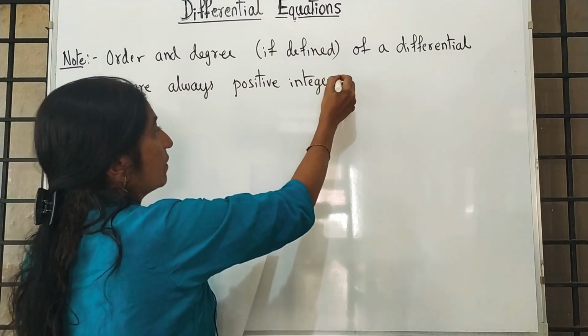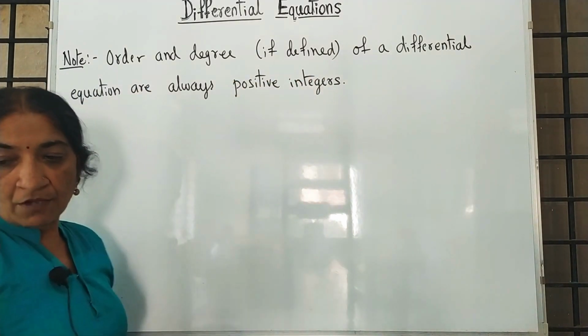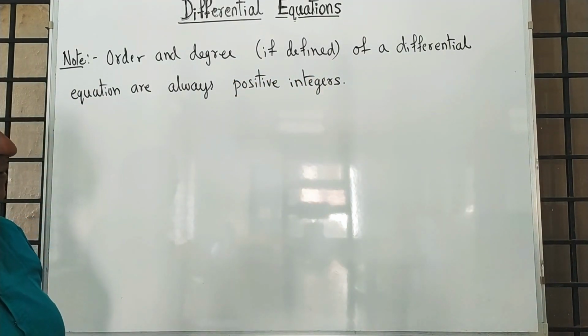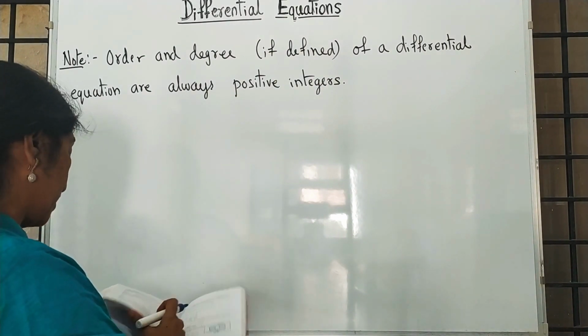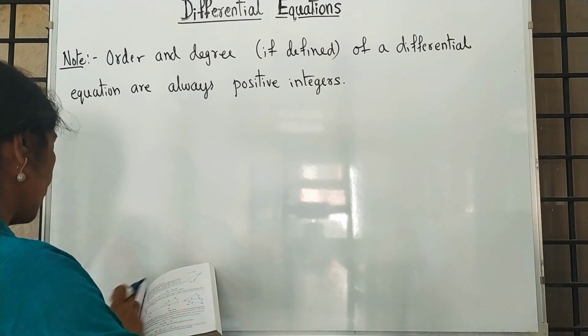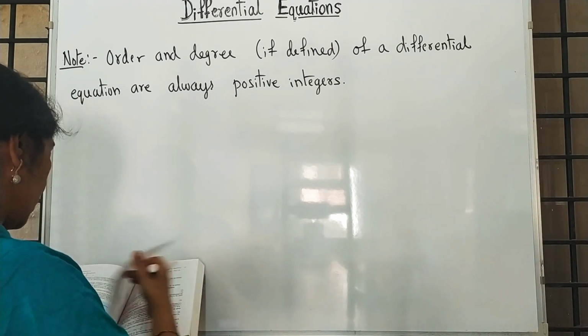Always positive integers. Now I will move to the examples. So, already I told you that order and degree should always be positive numbers. So read on the examples.